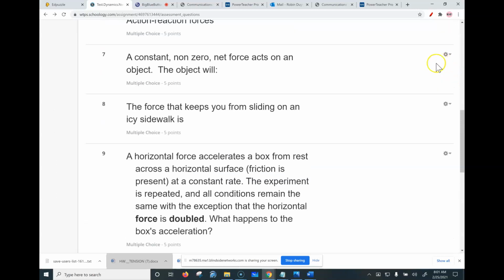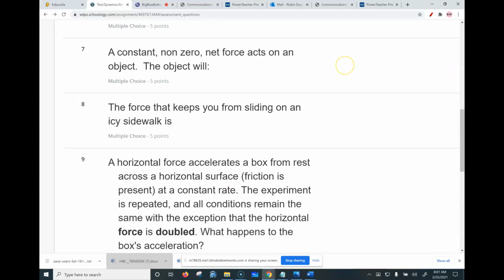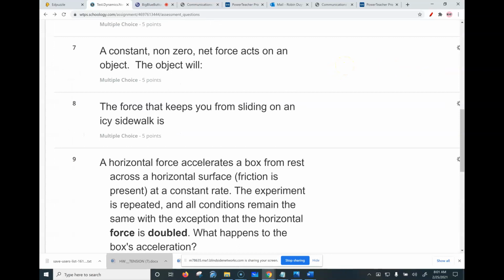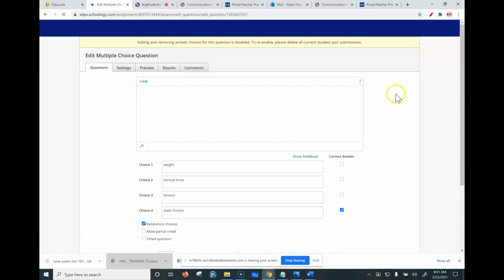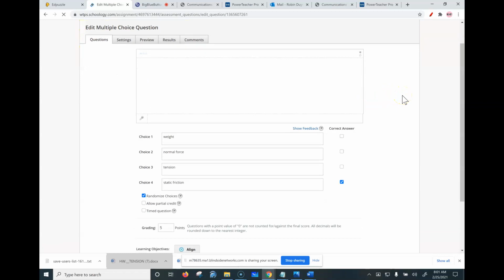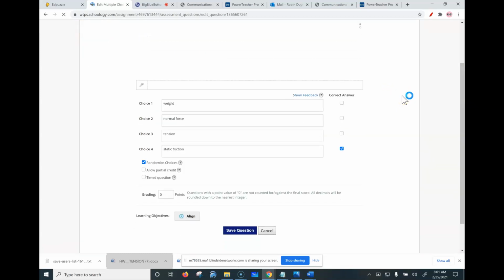Oh yeah, I did. Let's do number 8. Sorry about that. The force that keeps you from sliding on an icy sidewalk. What's going to keep you from sliding? Exactly. Static friction.